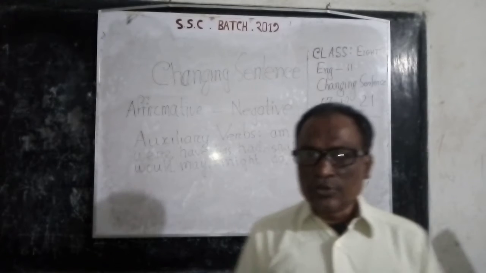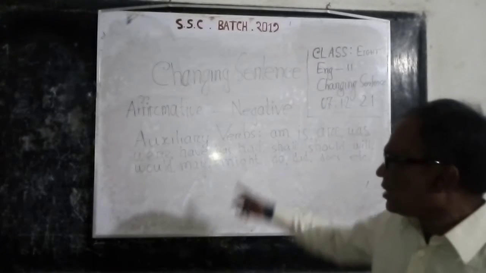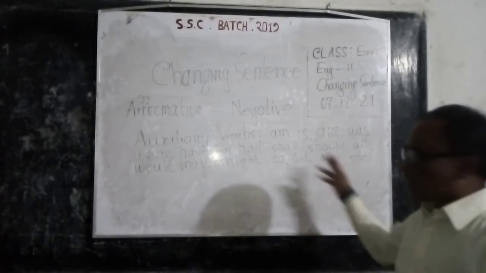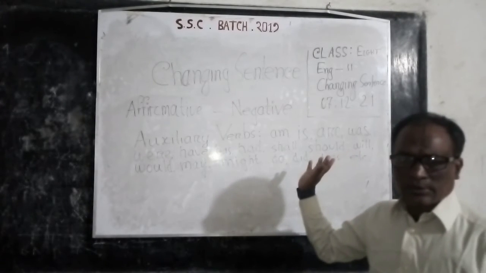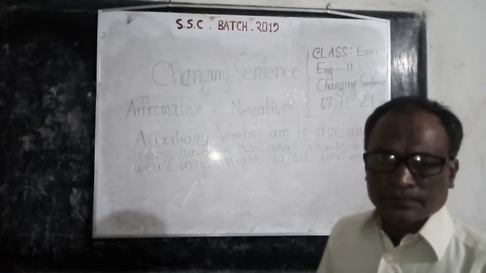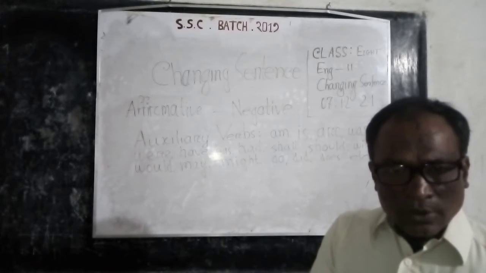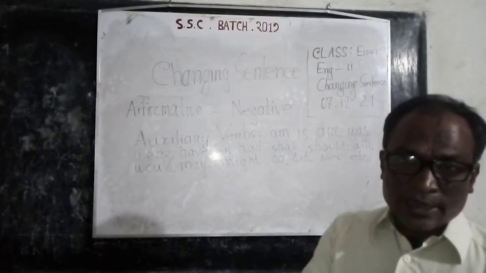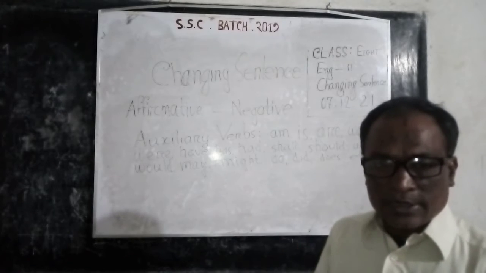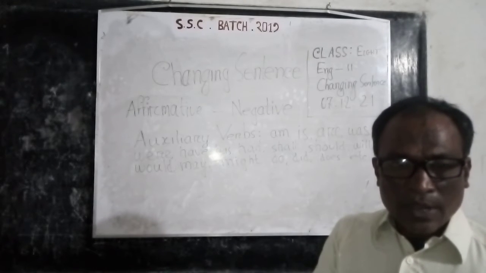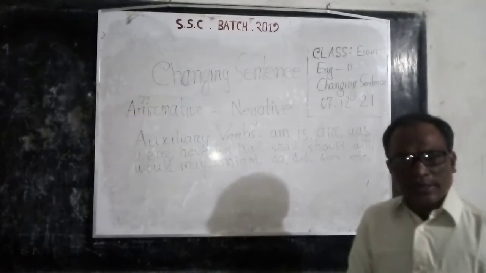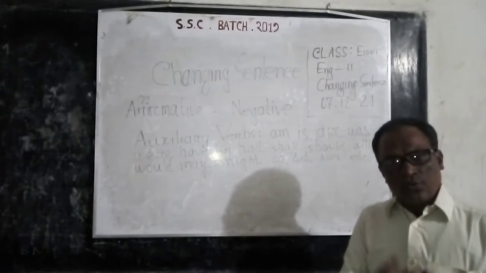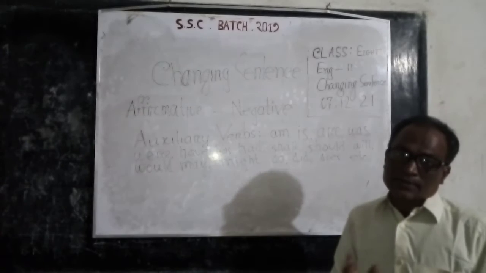For this reason, we must learn the auxiliary verbs. I write on the blackboard; these auxiliary verbs are very important for changing sentence. So, to make any affirmative sentence into negative, we first find out the auxiliary verb. If we find any auxiliary verb, we use not after it.